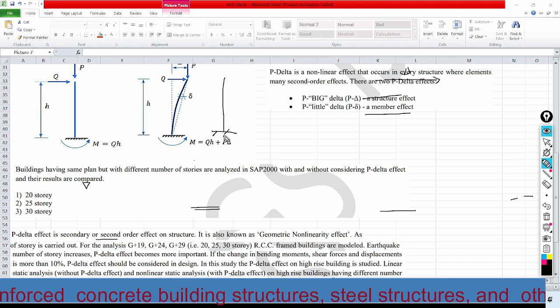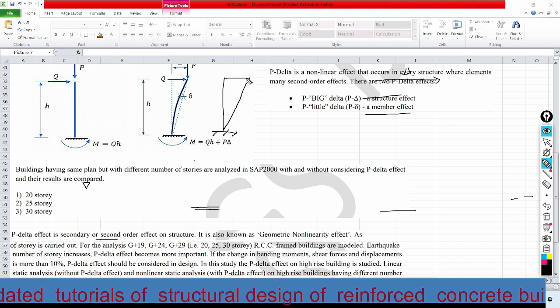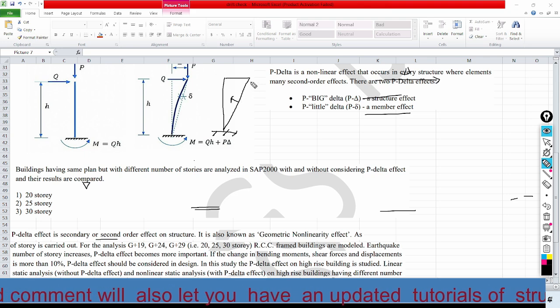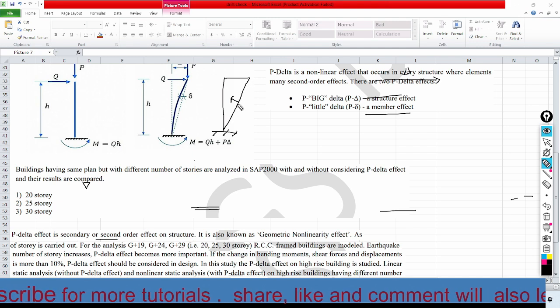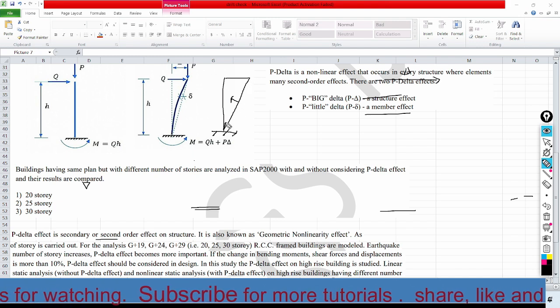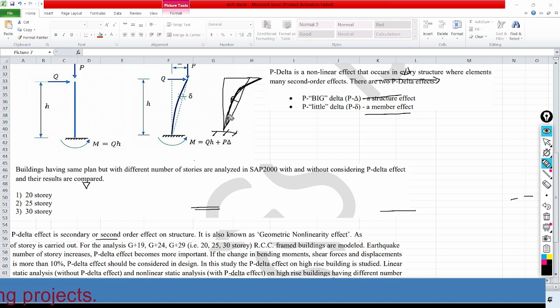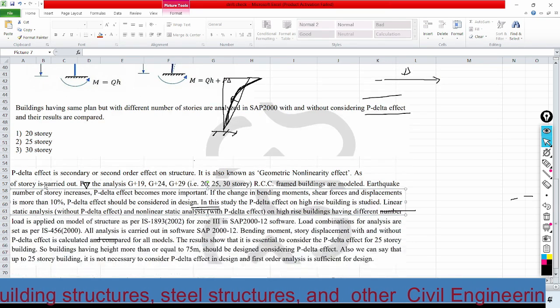If we have a column here, it is not moving like this, which is the linear behavior, but our structure is displaced like this. So there is nonlinearity in geometry. So it is a geometric nonlinearity effect.